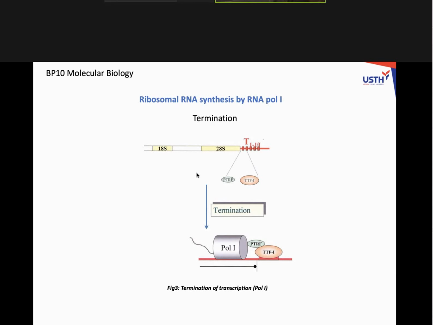Then the polymerase arrives at the end of the transcribed region. There are always proteins bound to these termination sequences, and POL1 stops there and starts the cycle again. Okay, so you see POL1 is quite simple. It's always on, and the ending of transcription is achieved through the direct interaction between proteins and the genomic DNA. Is it okay for you?